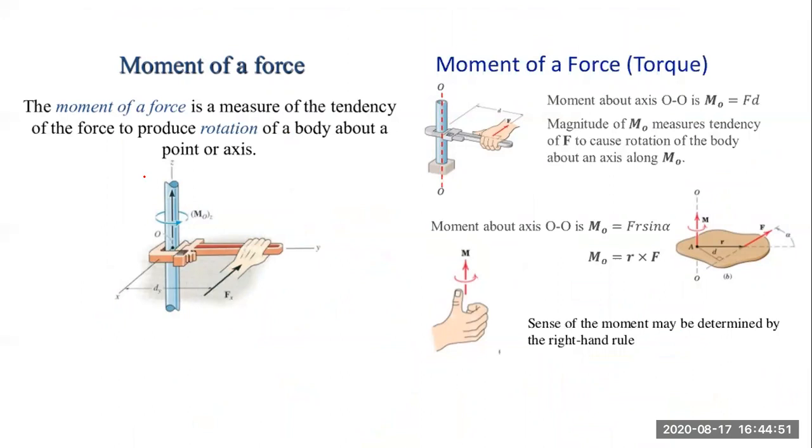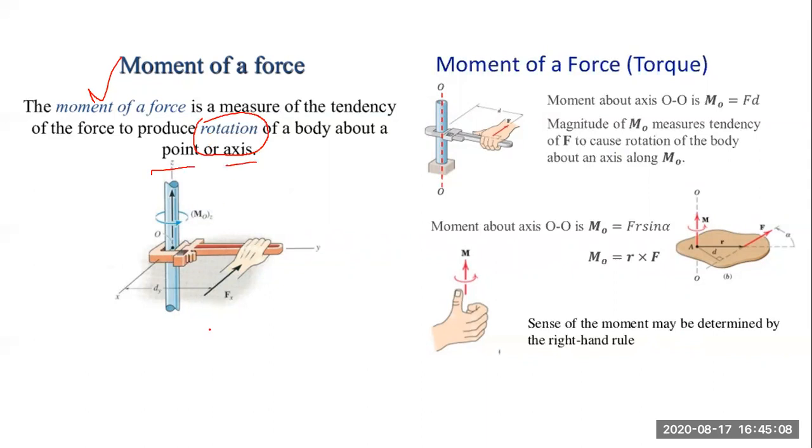This we have already discussed. The moment of a force is a measure of the tendency of a force to produce rotation or turning effect of a body either about a point or about an axis.